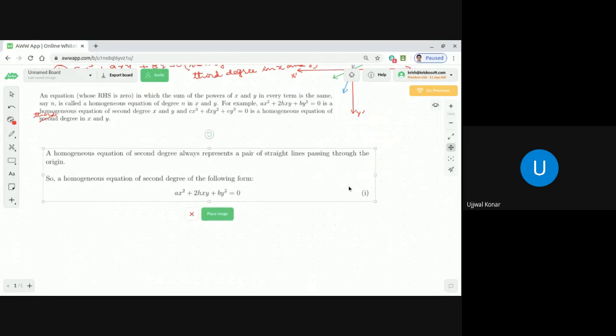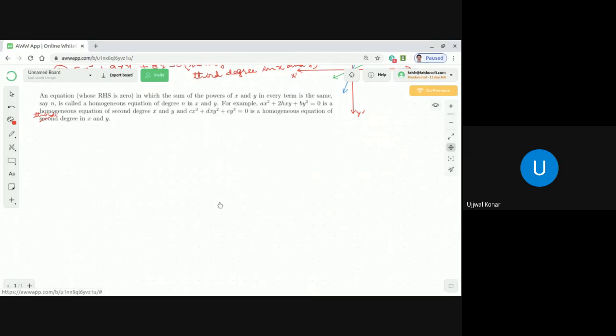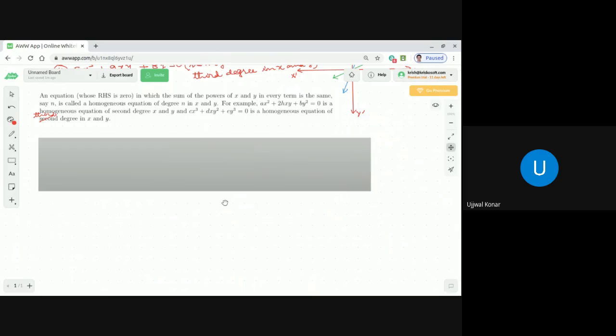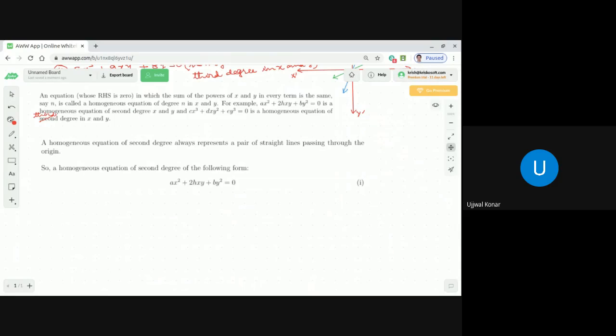A homogeneous equation of second degree always represents a pair of straight lines passing through the origin. And what is the generic equation of a homogeneous equation of second degree? It is something like this: ax square plus 2hxy plus by square equal to 0. That is a homogeneous equation of second degree in x and y.